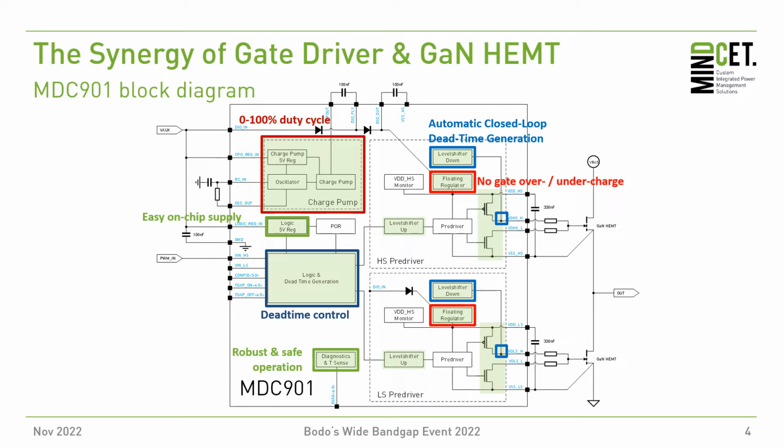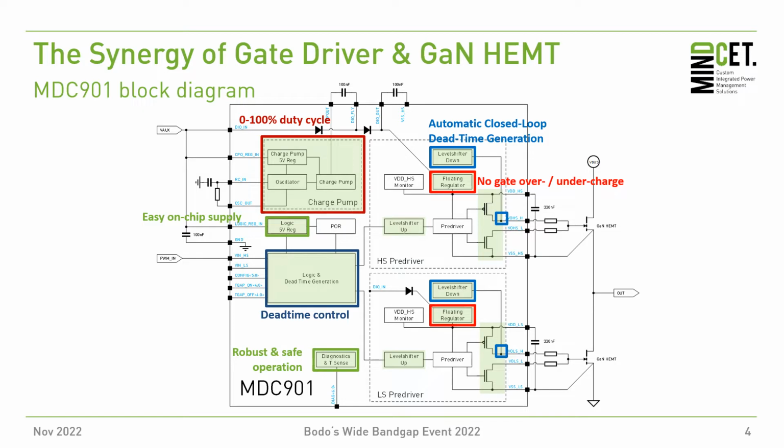The MDC 901, here shown as a block diagram, has a number of unique features to address these issues and make sure that you get the maximal performance out of your GaN power stage. I will not go into detail of all of them, but a very closely controlled floating regulator, both on the high side and low side, to control the gate within its specifications without gate overcharging is one of those key factors.